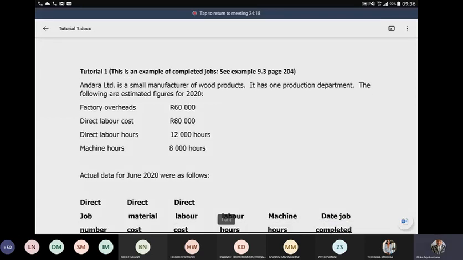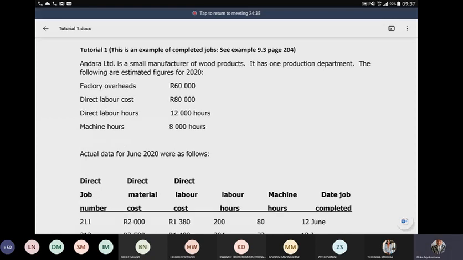So we've got tutorial number 1, where this is an example of completed jobs. To learn a lot about the completed job, you can go to your textbook, example 9.3, page 204. It is going to explain further about the completed job.